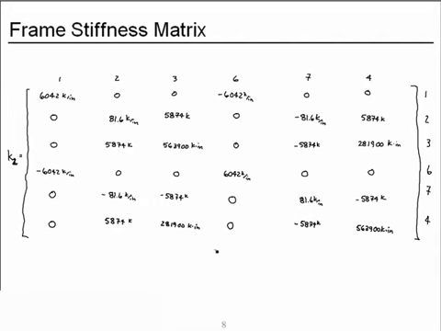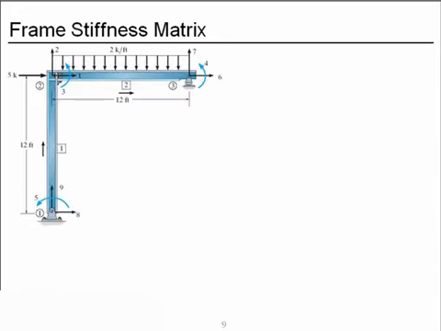And sure enough, it is symmetric. So that's a good intermediate sign. Now we're ready for step 2, where we assemble the structure stiffness matrix.